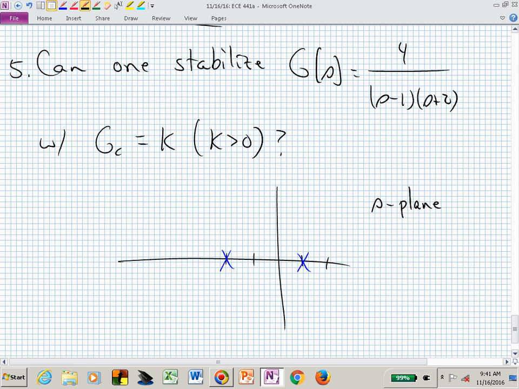Where's the breakaway? It's halfway between plus 1 and minus 2, isn't it? And their separation is 3, so halfway between that is 1.5 between those two poles. Or it's now at -1/2. So that we now are coming here.